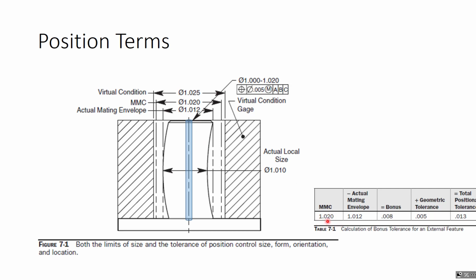So with a max material condition of 1.020 minus that actual size of the peg, we end up with a bonus tolerance of 8 thousandths. There is a geometric tolerance given of 5 thousandths, which means we have a total positional tolerance of 13 thousandths. That's a diameter, so it's going to be plus or minus 6.5, kind of all the way around from the center.